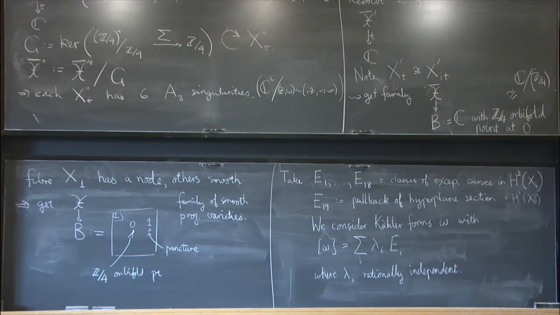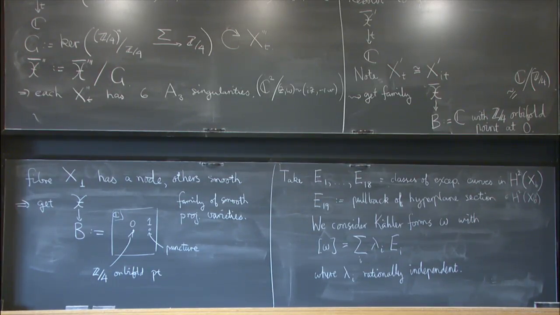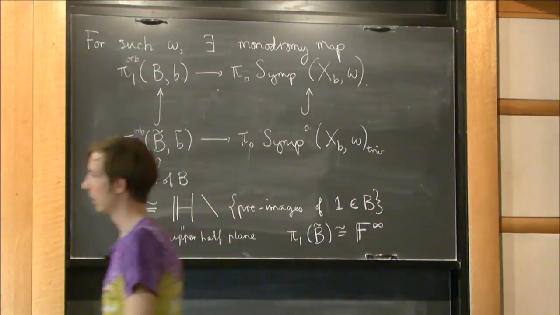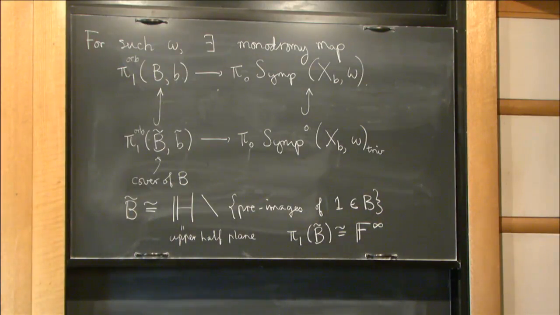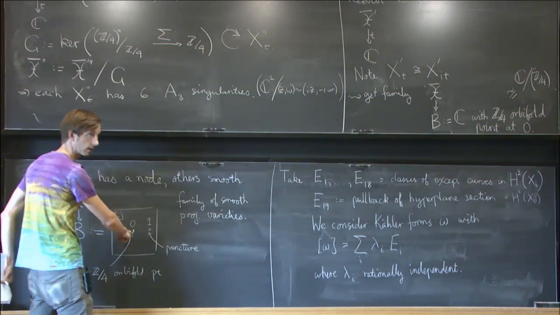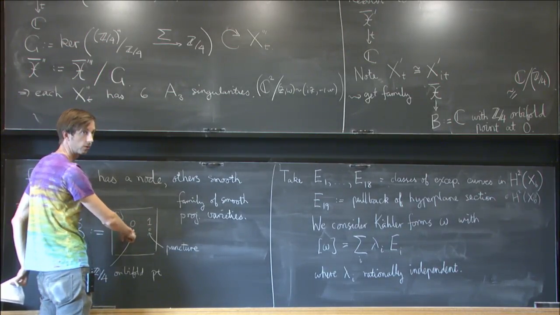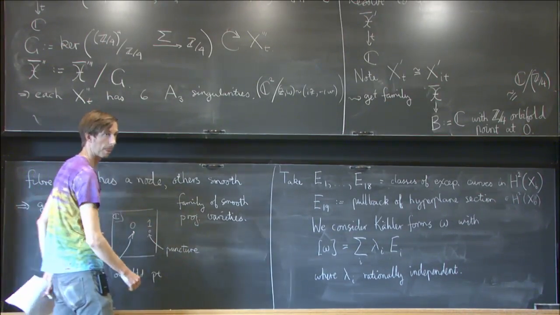Maybe I shouldn't have done that. So you can probably just say generators for the orbifold pi 1 of B. Sure. There are generators: one going around here, one going around here. This one has order 4. This one has infinite order.